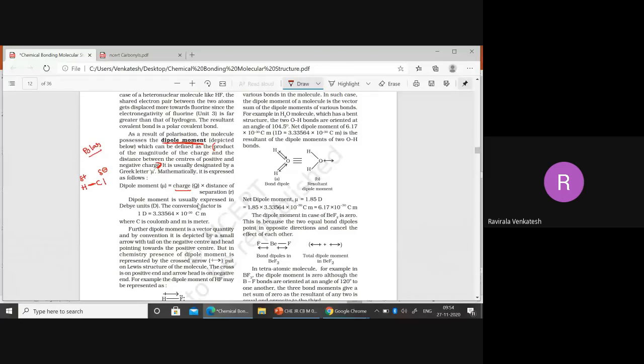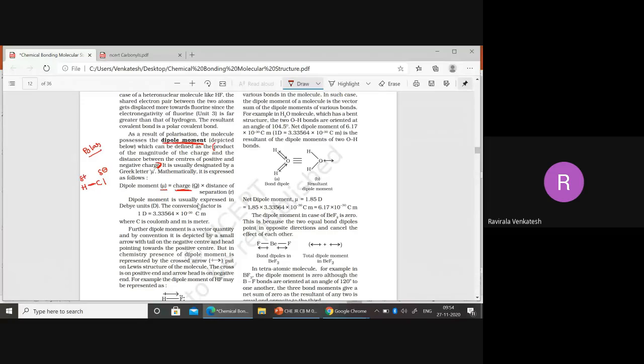Now, what is the meaning of dipole moment? Mu is generally used for the representation of dipole moment. That mu is equal to charge, positive or negative charge, into the distance between the positive and negative charges. Charge of the poles into distance between the two charges here. If you multiply these two, that is called dipole moment.